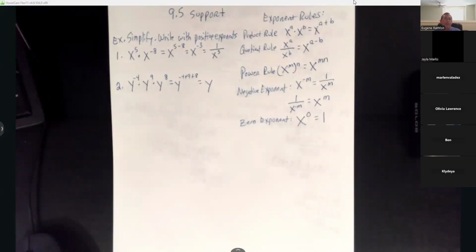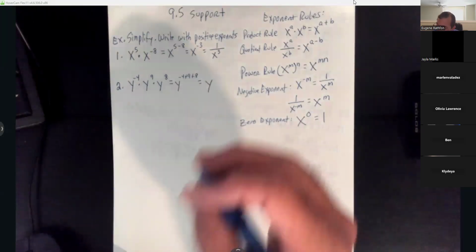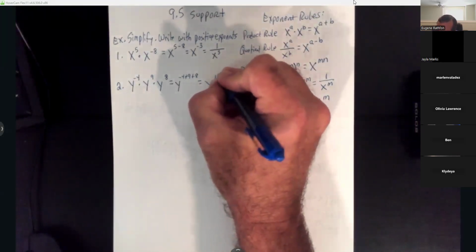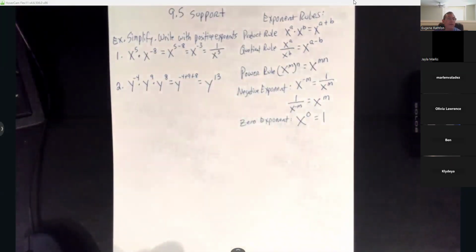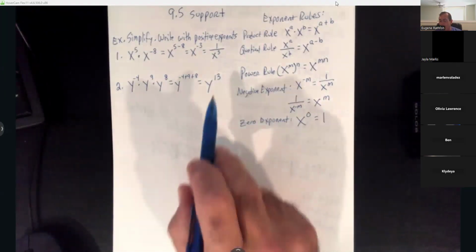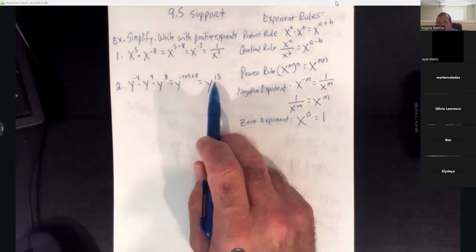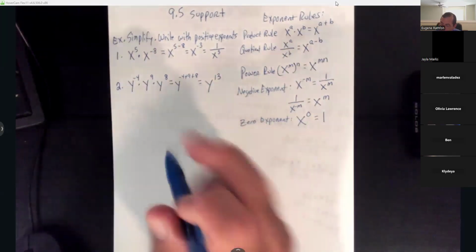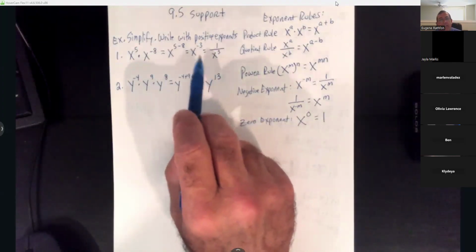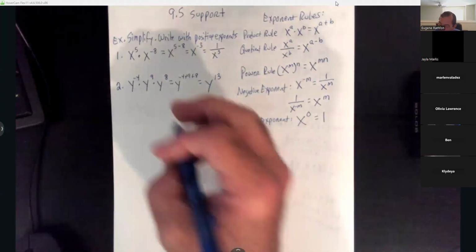And then 5 plus 8 is what? 13. So I get y to the 13th. And y'all, guess what? That exponent is positive. So I don't do nothing else to it. Final answer. So you're only going to change the sign if they're negative, okay?